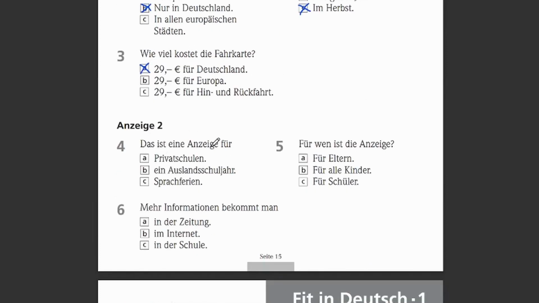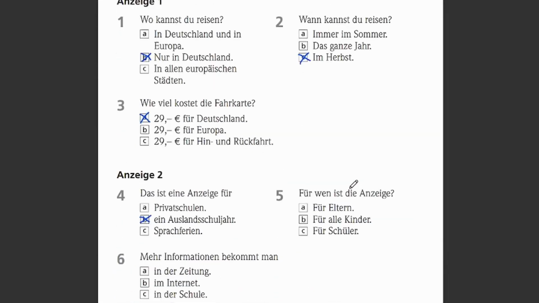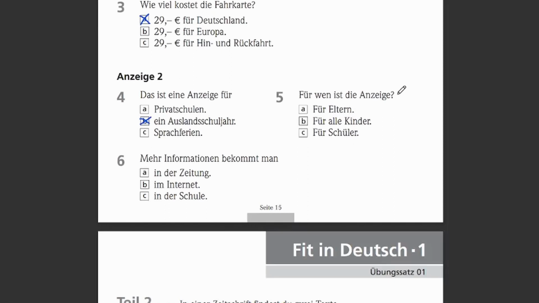Das ist eine Anzeige for ein Auslandsschuljahr that we have noted down, right? Let's select that one. This is not for learning, something different, private school. This is for this Auslandsschuljahr. We noted down. For when is the Anzeige? We identified it is not for all kids, for Schüler.